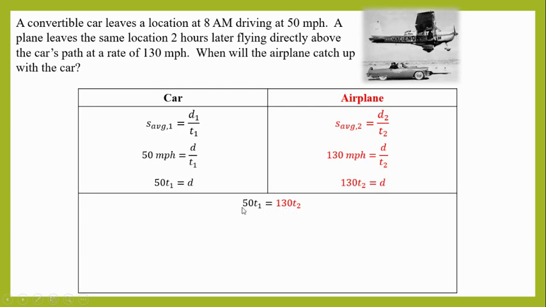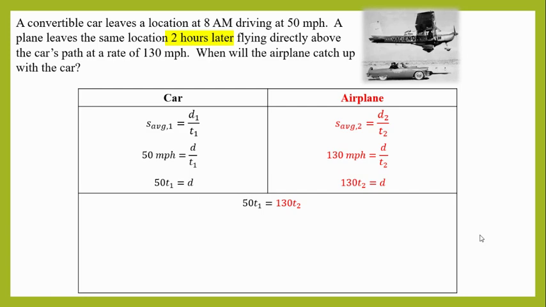So you notice here you have one statement with two unknowns. So you have to get rid of one of these time variables, either T1 or T2. At this particular step, it is entirely up to you to choose a perspective, whether you choose the perspective of the car or the airplane. But here I will go ahead and choose the car because I know that the car was the first object to leave and it left the starting position at 8 a.m. So in the wording, as highlighted there in yellow, it states that the airplane left 2 hours later after the car.